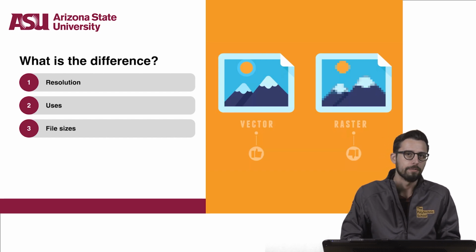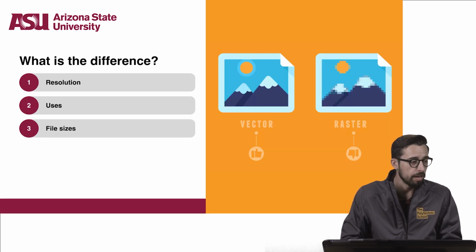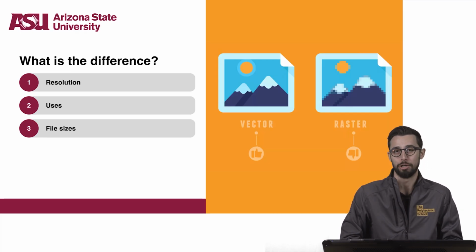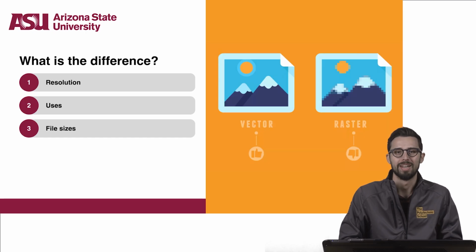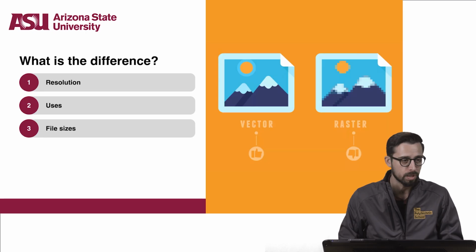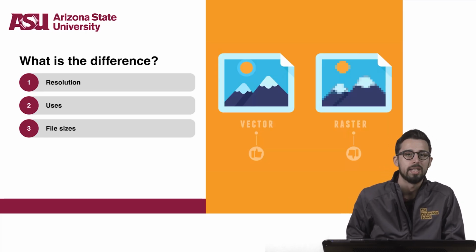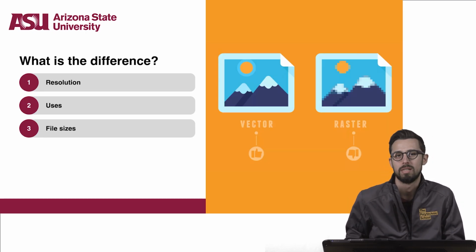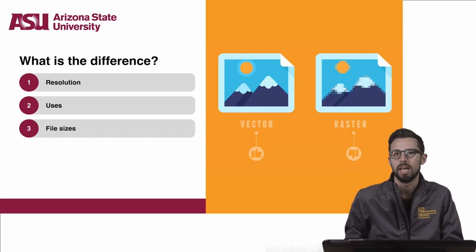Then you also have file sizes. Raster files are generally, if not just larger, much larger than vector files. Sometimes they can be 10 times, 100 times the size. They can contain millions, even billions of pixels and incredibly high levels of detail.